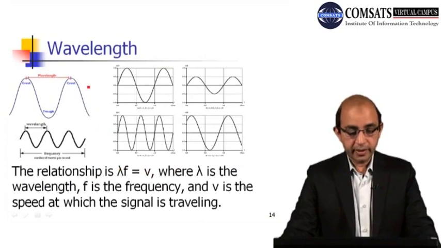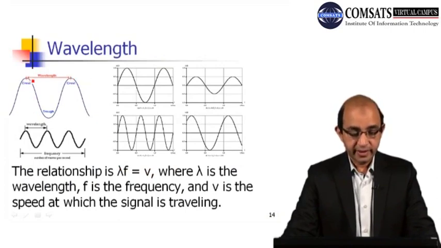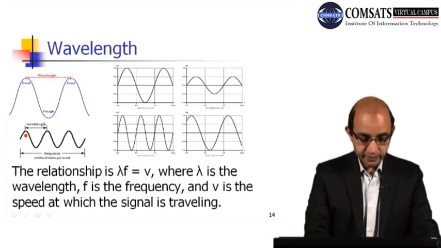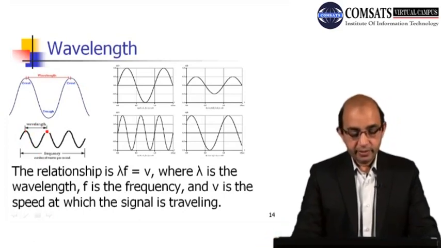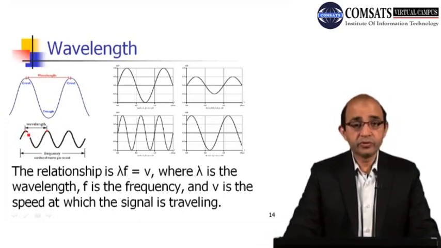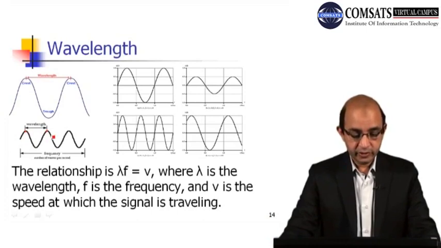right? So you can see the wavelength is the distance between two successive points on a wave. You can say this is a crest and here we have a trough, so between two crests, or the distance between two similar points on the wave.